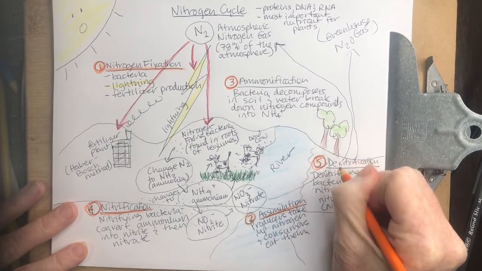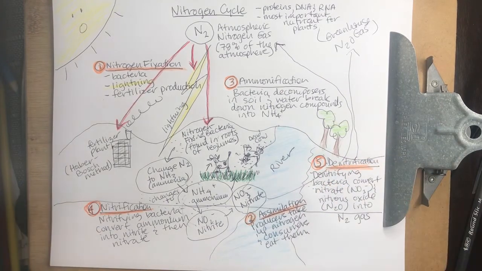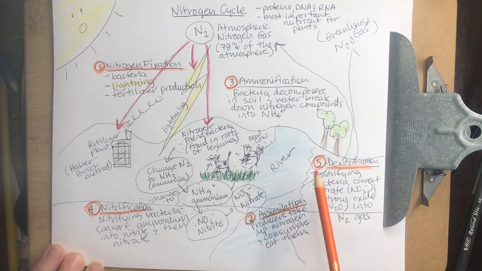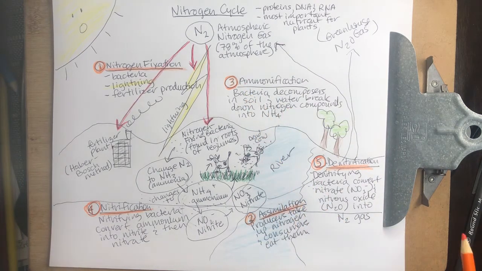Denitrification, the final step, where bacteria convert this leftover nitrate and nitrous oxide into nitrogen gas to complete the cycle. Although some of that nitrous oxide does escape and lead to the production of greenhouse gases.